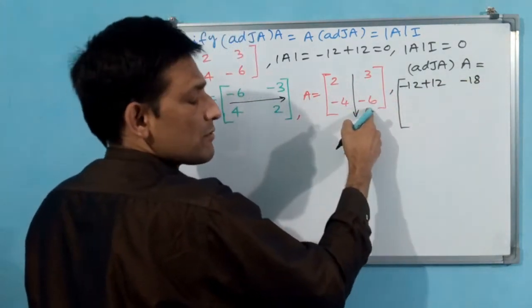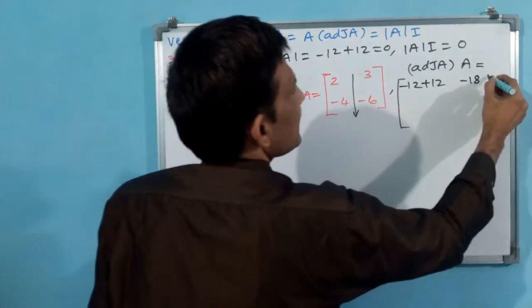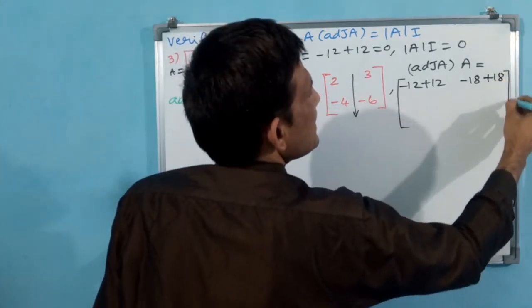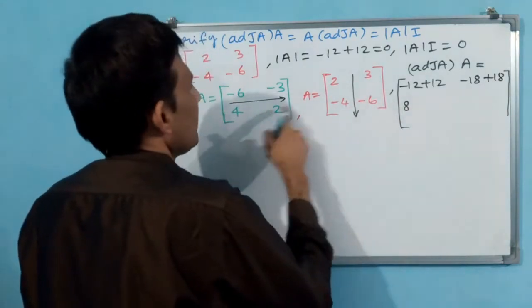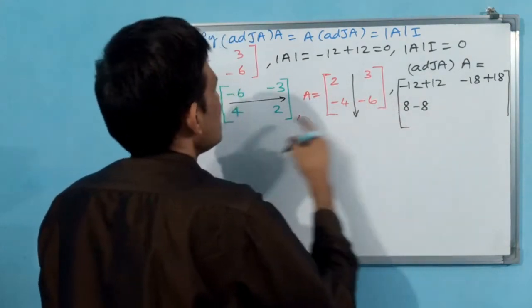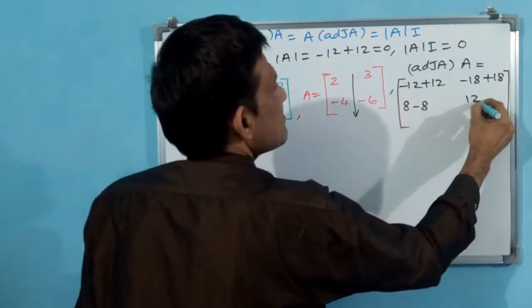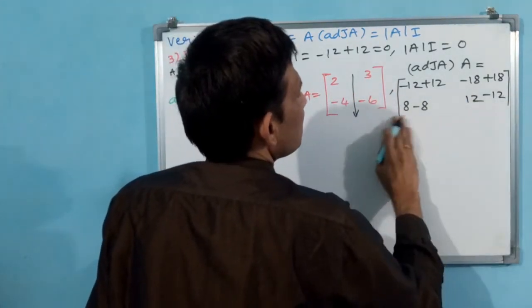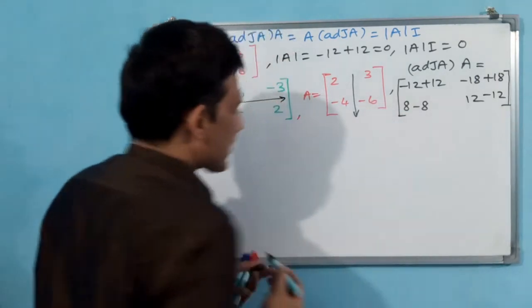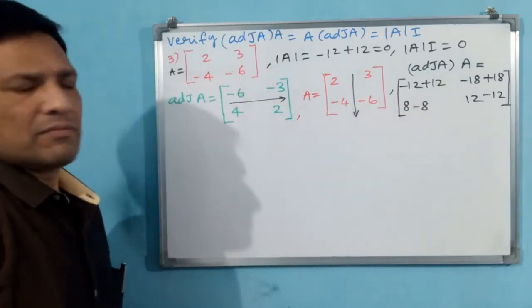Minus 3 into minus 6, plus 18. 4 into 2, 8, minus 8. 12, minus 12. What has become the same? 0, 0 only. Why?